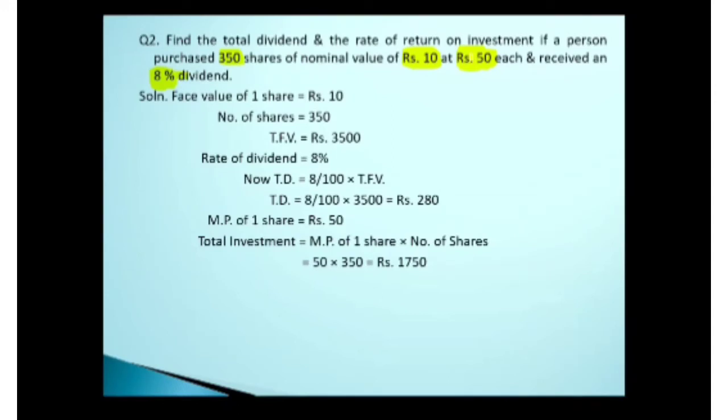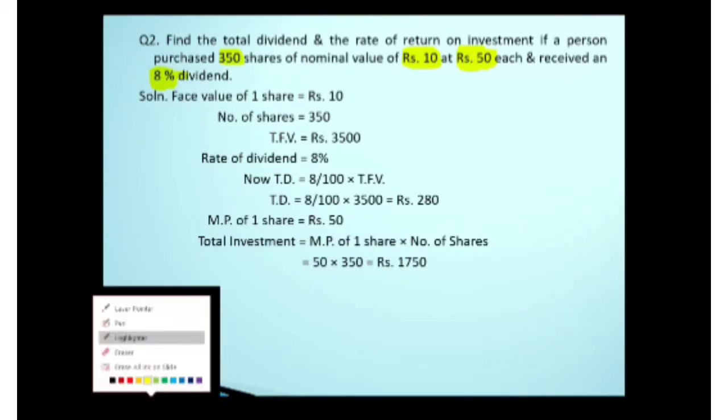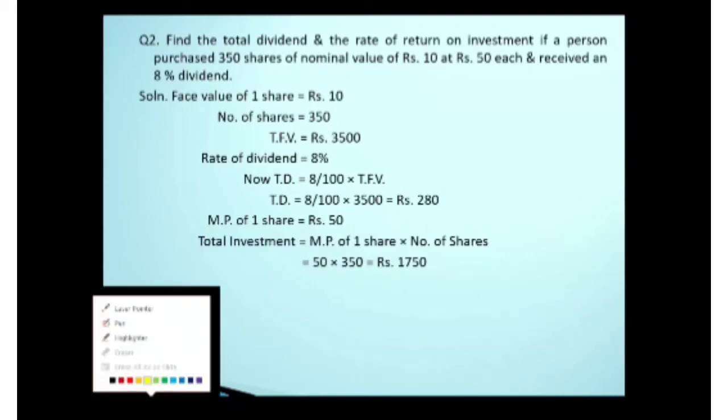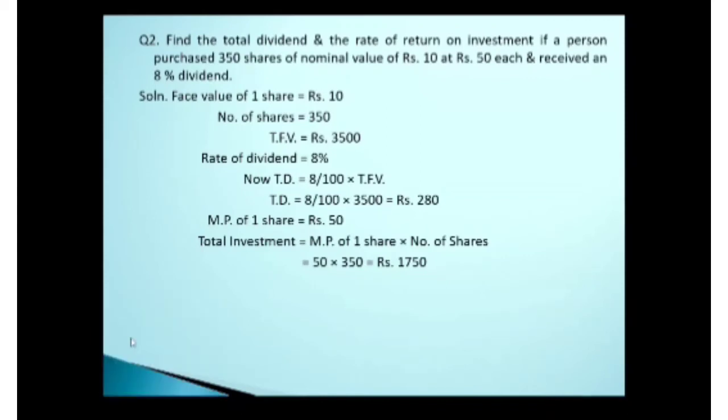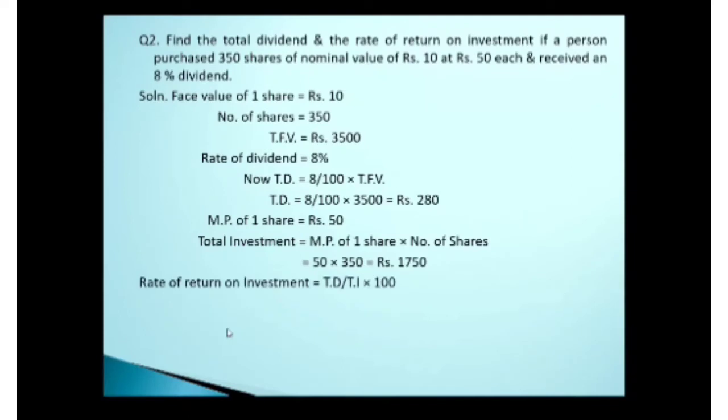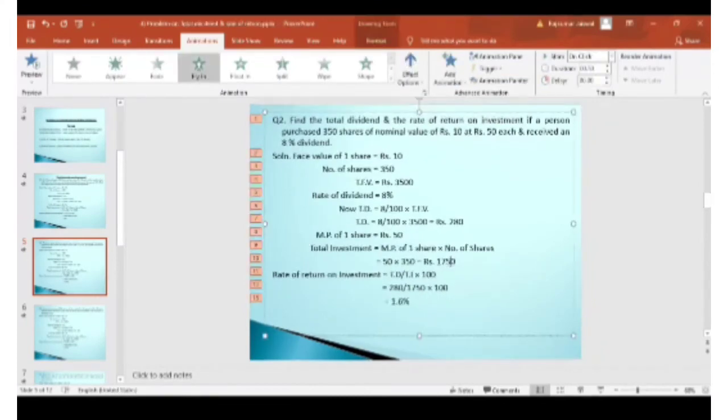It should be one more zero, so I had to take that out. I just do the correction on the screen here itself. Wait a minute, I just take that out. So it was 17,500.